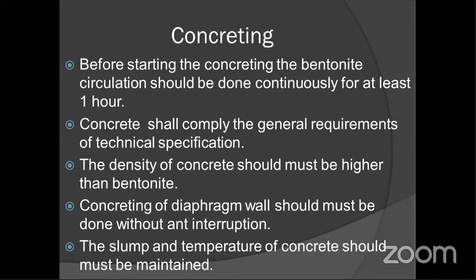While going for the concreting, it must be done without any interruption, because if we hold the process for some minutes, the bentonite will get mixed with the concrete, and that will decrease the strength of the concrete.